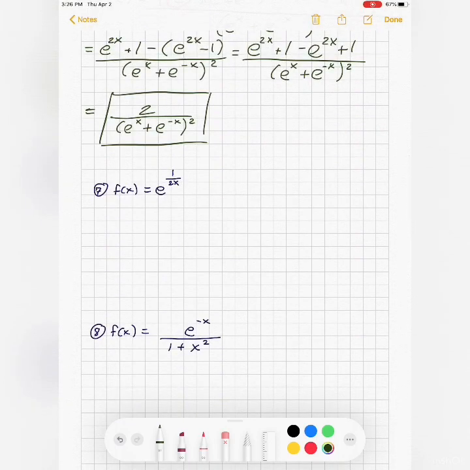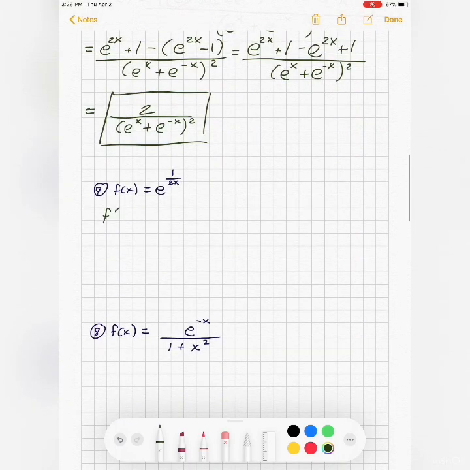Okay, what about number 7? Okay, so I use the chain rule. Derivative of the exponential is just the exponential, but then I have to multiply by the derivative of the inner function, so of the exponent.